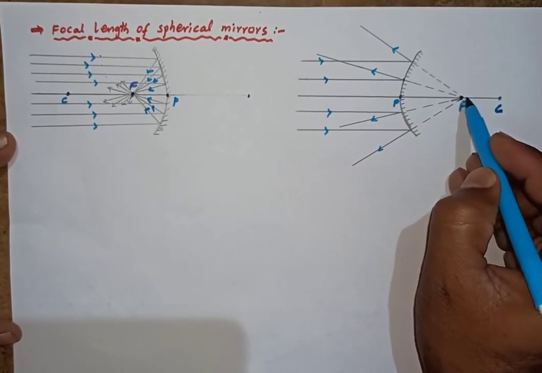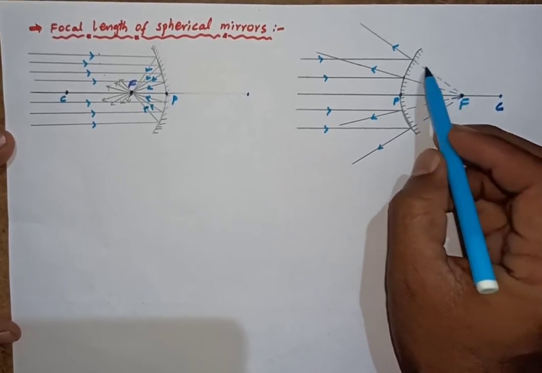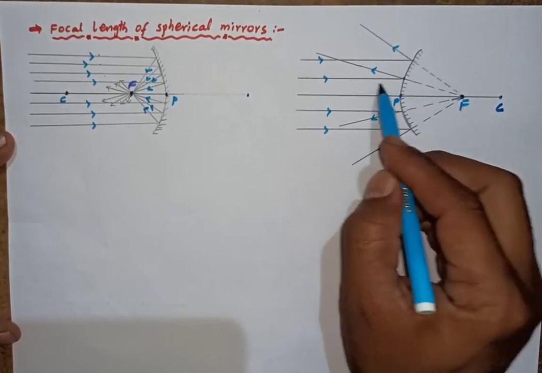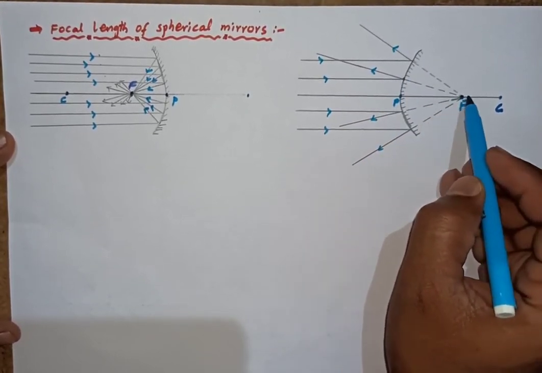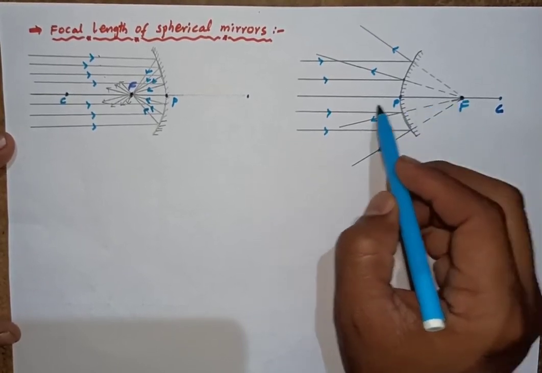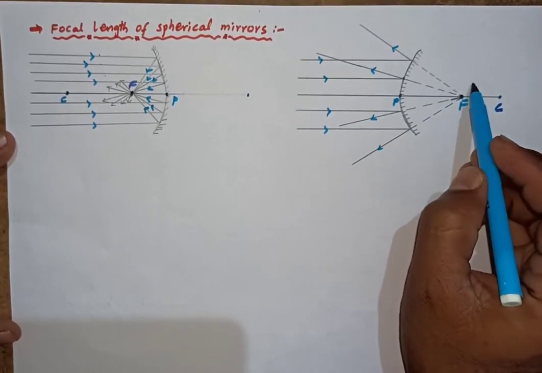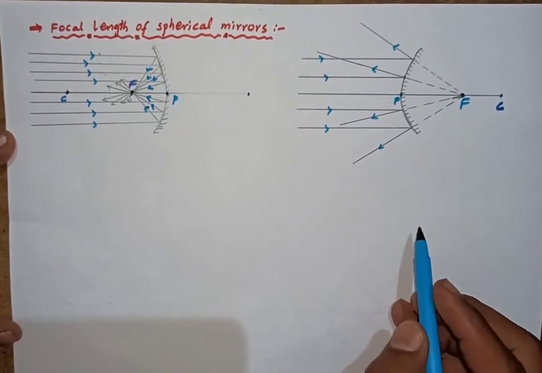Here a virtual image is formed at the focus. Focus is nothing but the point where the reflected rays coincide on the principal axis. That point is called the focus.